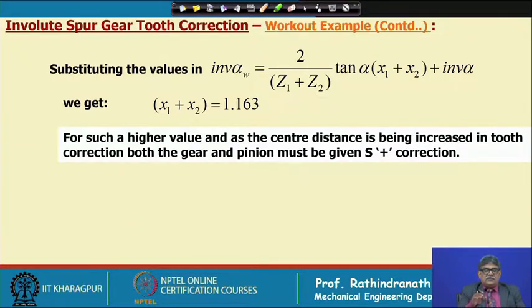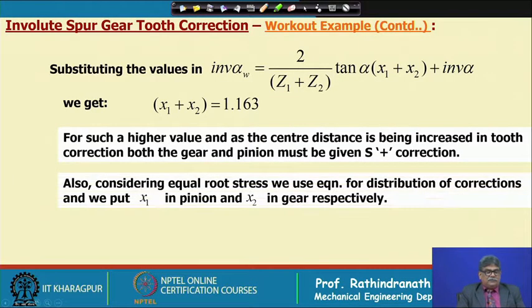It is better to give plus correction to both. Now, also considering equal root stress, we use the equation for distribution of corrections and we put x1 in pinion and x2 in gear respectively.